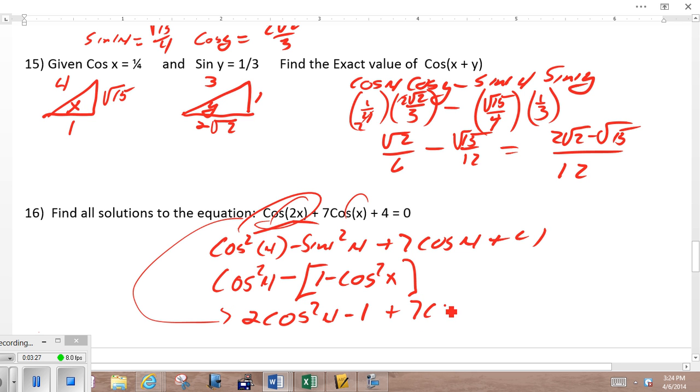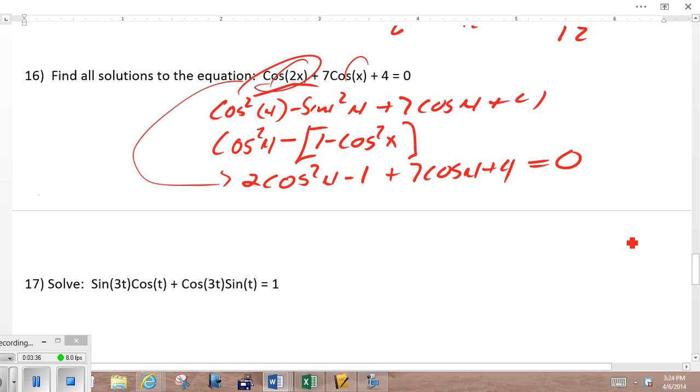Plus 7 cosine x plus 4 equals 0. So looks like we're going to go quadratic with that and factor it, and I think I'll let you do that, but let's see what it gives. So we got 2 cosine squared of x plus 7 cosine of x plus 3 equals 0.